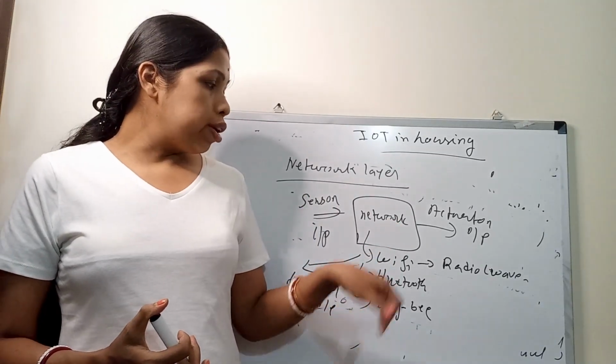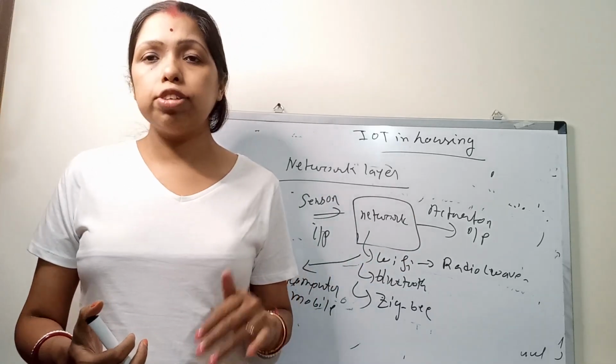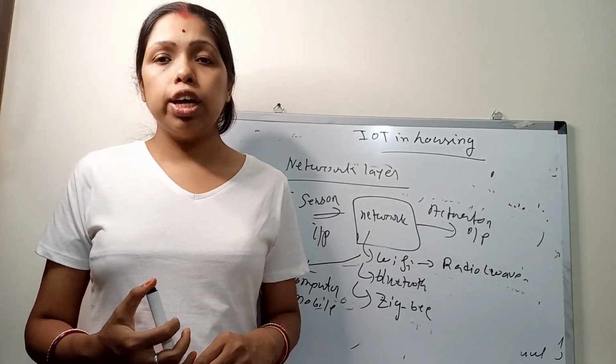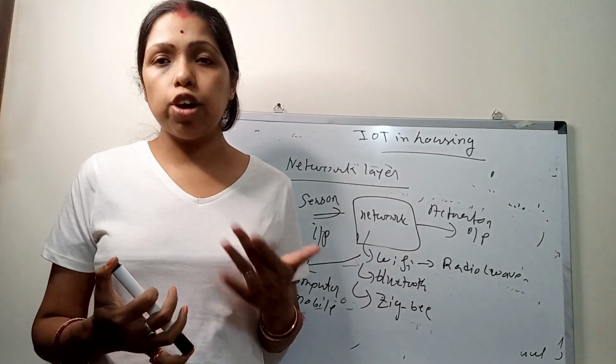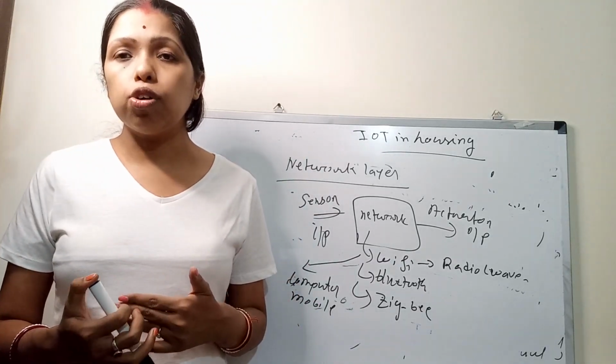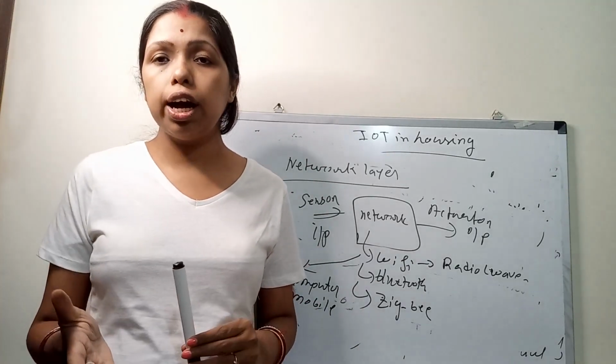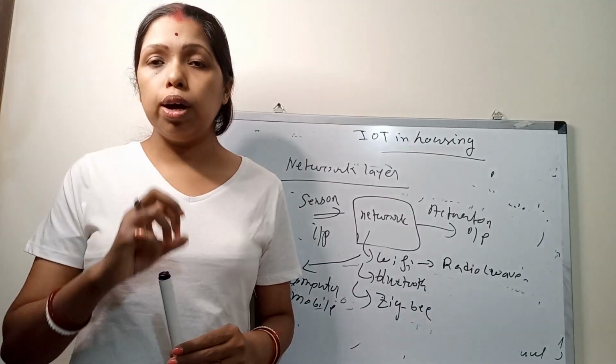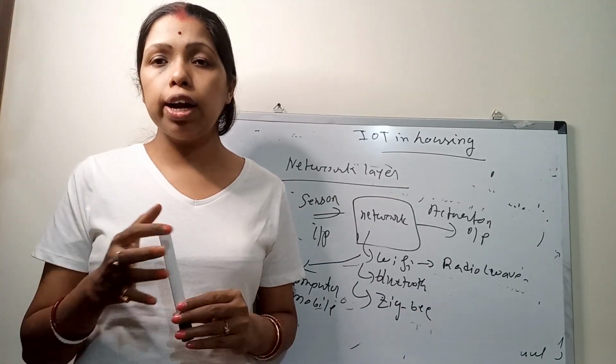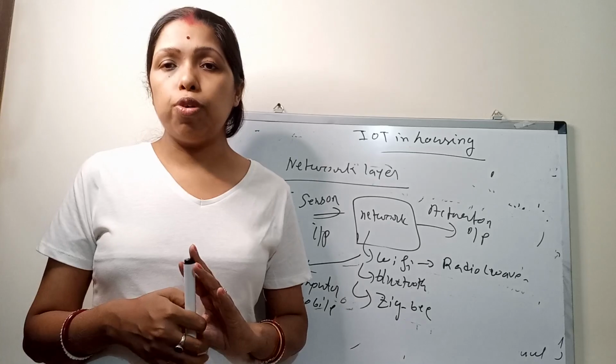In the case of the network layer, I have seen some research papers where they proposed different kinds of network protocol. In this network protocol, they used the application layer and network layer, as well as the data format, all integrated in one network protocol.